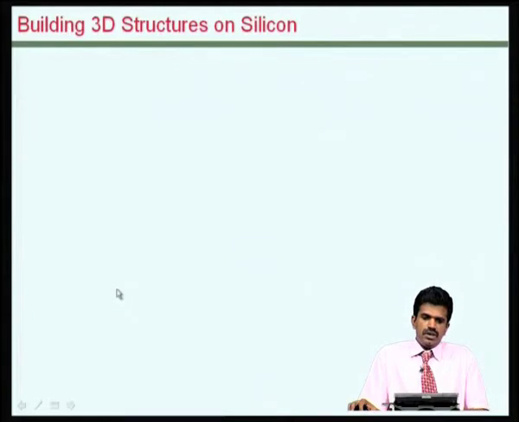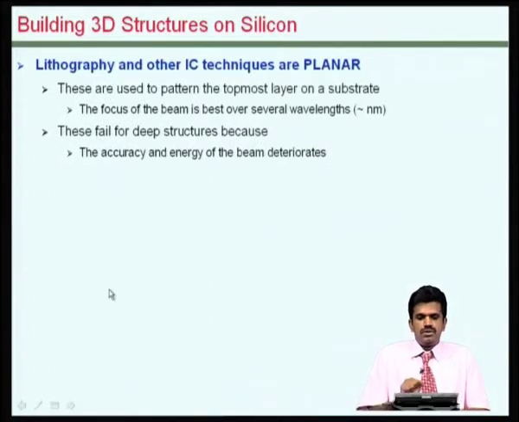So, we will see how three-dimensional structures can be patterned on silicon using lithography. The lithography technique, as I mentioned, is essentially a planar technique. We can only use it for patterning the topmost layer, because the beam that is used for exposure is only capable of having a certain thickness.